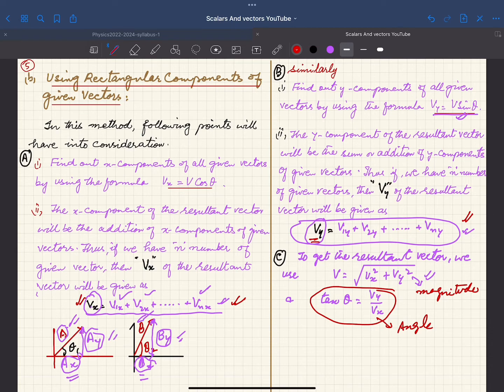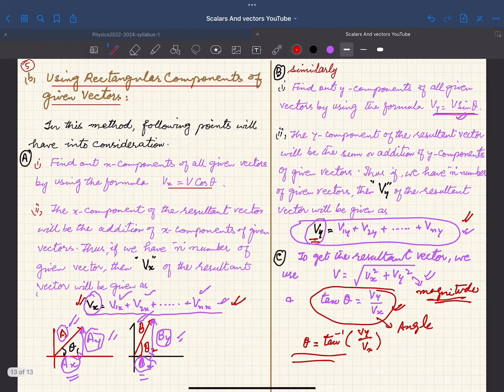Ultimately, as you have done before in lectures 7 and 8, V is equal to the square root of Vx squared plus Vy squared gives you the magnitude of the resultant vector, and with the help of tangent theta is equal to Vy over Vx, or simply theta is equal to inverse tangent of Vy over Vx, you can get the angle or direction of the resultant vector.